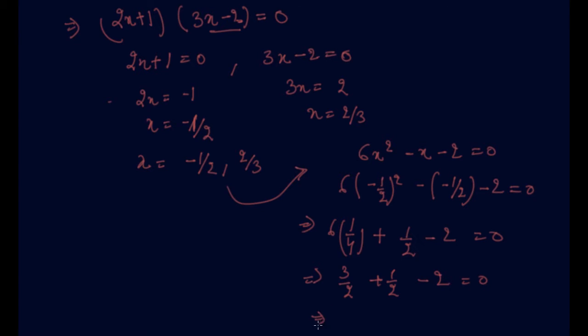So 3 by 2 plus 1 by 2 is 2, minus 2 equals 0. So LHS equals RHS. So our solution was right.